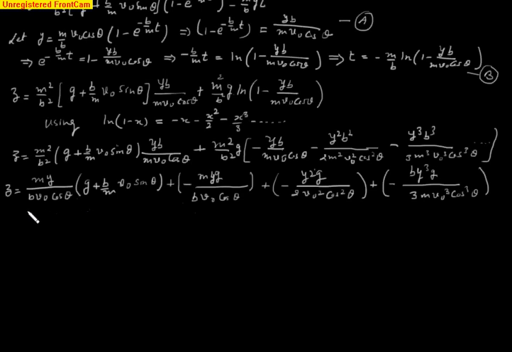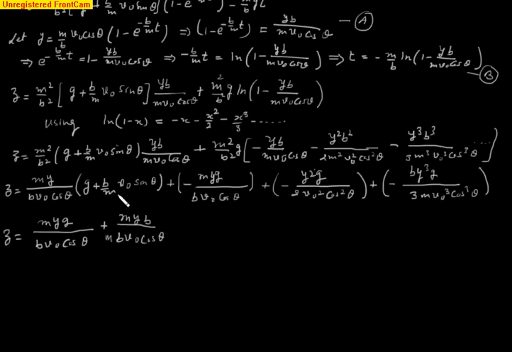Now let us open this first bracket also so that the terms can be made clear. We get z is equal to m y g divided by b v naught cos theta, in this g is multiplied, plus m y b over b v naught cos theta, and naturally this m will cancel out.